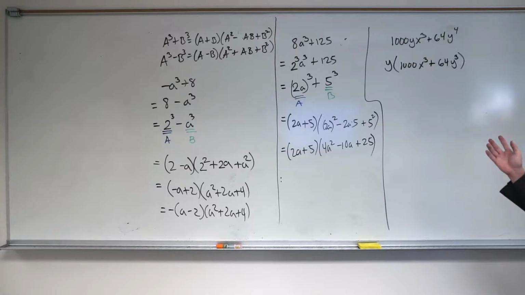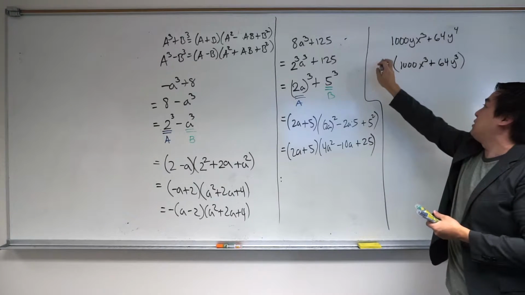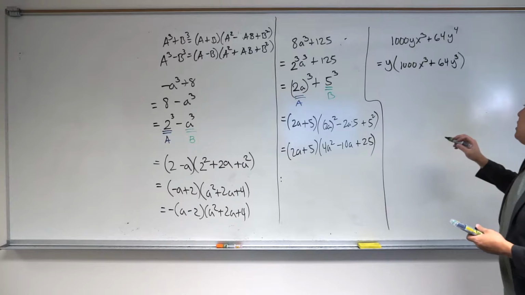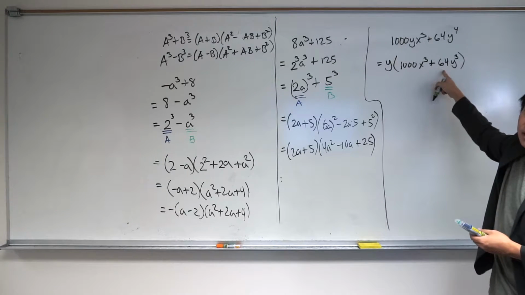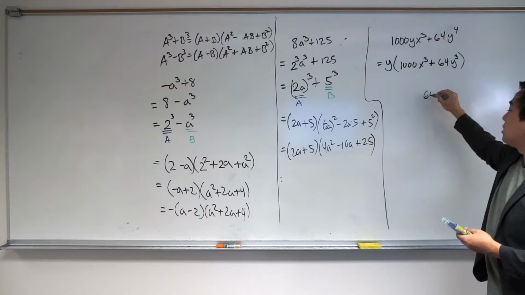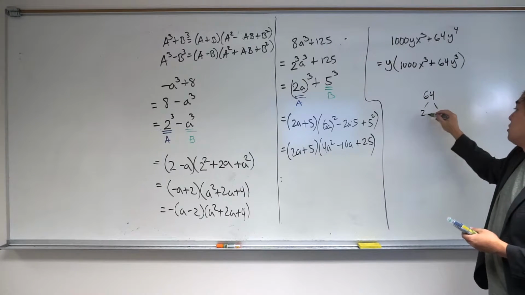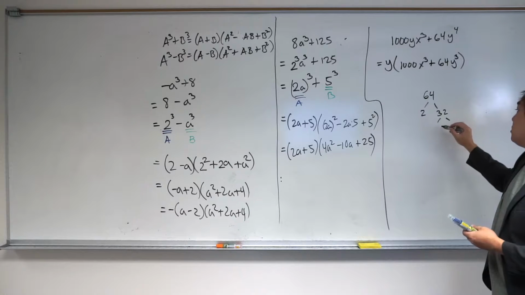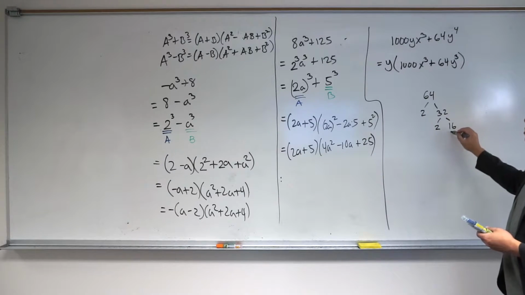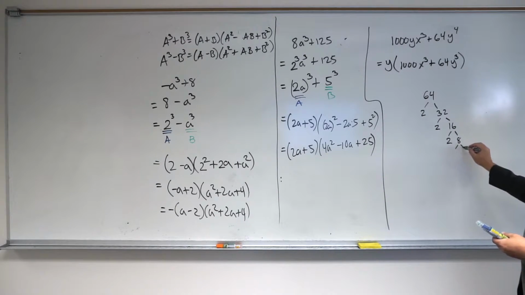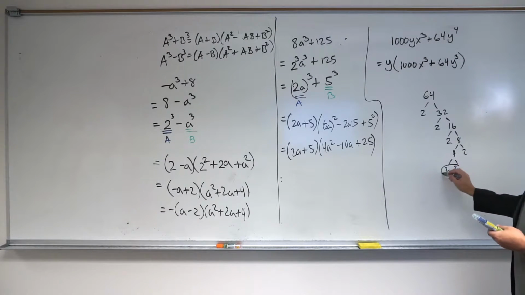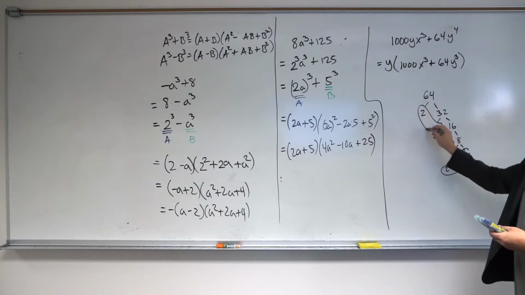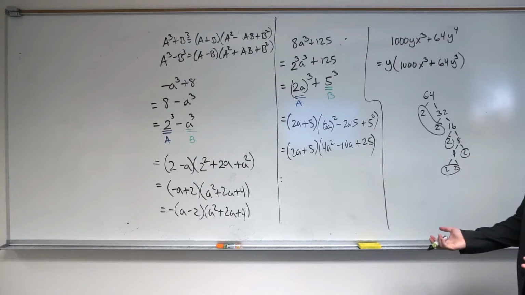I think you probably could factor out a little bit more than that. But you can see already that this is a cube, and what would 64 be as a cube? So let's try it. We have a 4 there, a 4 there, and a 4 there, so this is going to be 4 cubed.